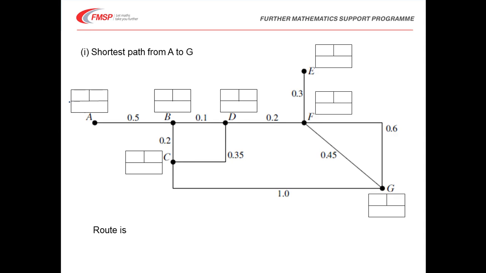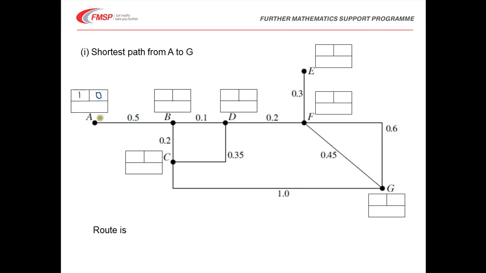So I'm going to start at A. That is going to be the first node, the first vertex that I've started with, and obviously the distance from A to A is 0, so we're going to start with that. Then remember what Dijkstra says.